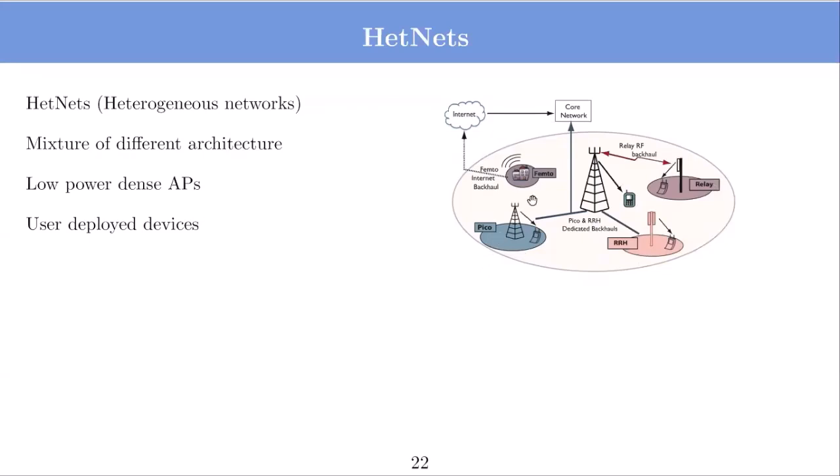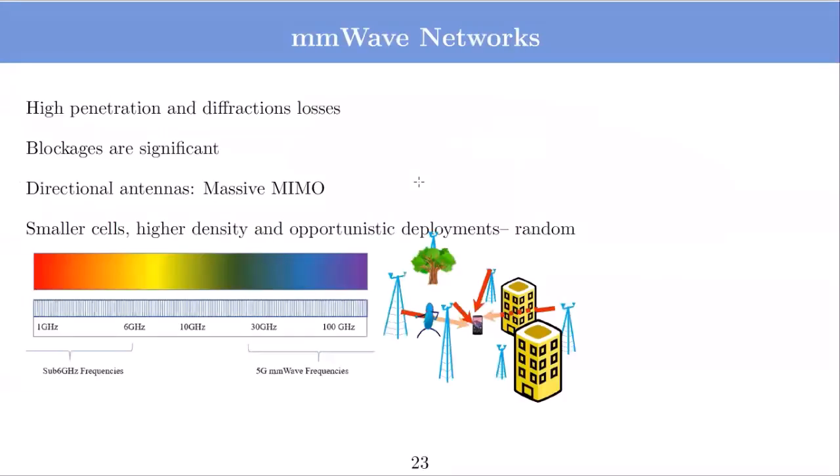Like in a downtown, where there are many shops, they can establish their own small tower, their small cell, which will serve this. And now these different types of base station differ in their transmission techniques, in their power, in their spectrum uses, and their deployment can also be different. So this is known as the heterogeneous network.